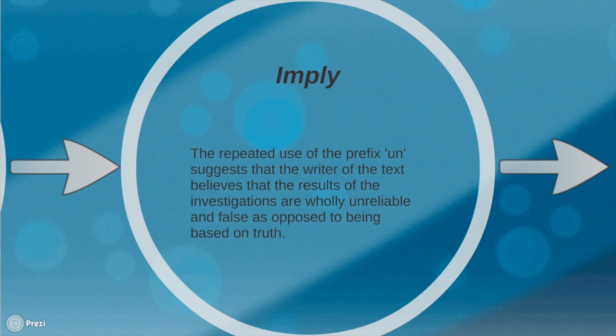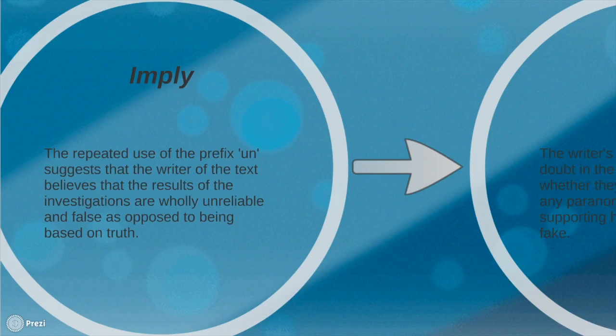Because the prefix un switches the meaning of that verb, okay? It actually is the opposite. So unproven is the opposite of proven, okay? So we've actually mentioned to the examiner as well that we understand that un is a prefix and what is suggested by the use of that.